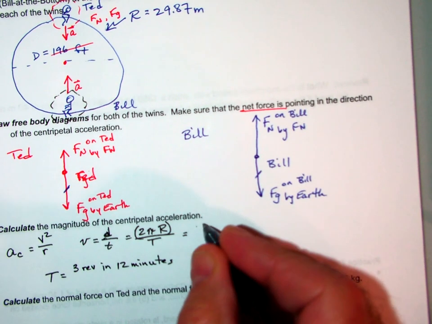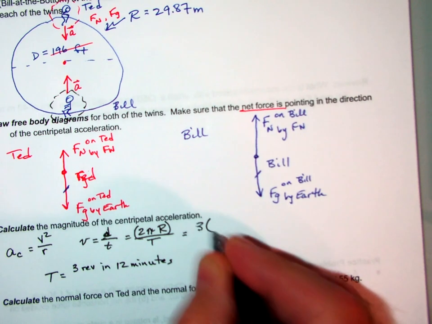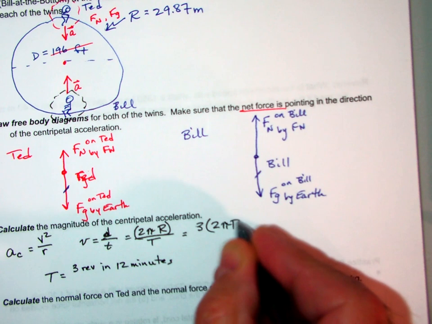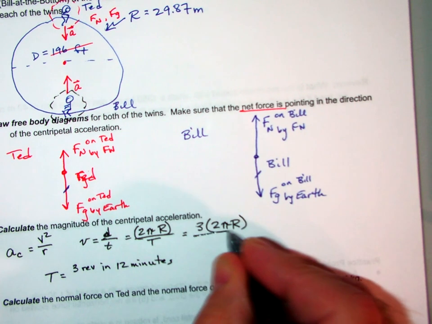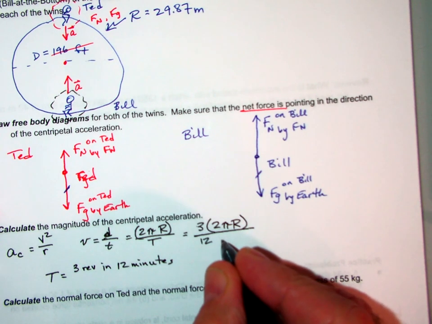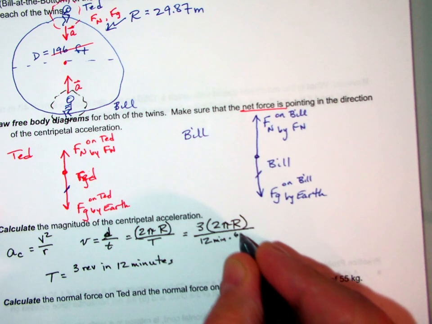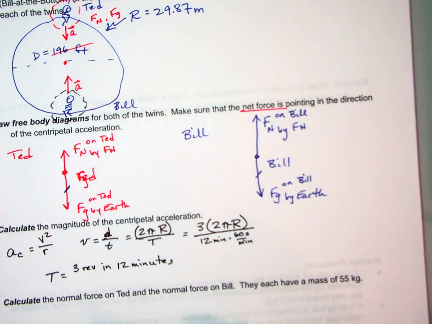So the speed is there are 3 revolutions of 2 pi r distance each, and the time for that is 12 minutes times 60 seconds per minute.